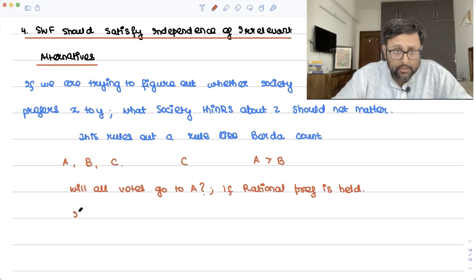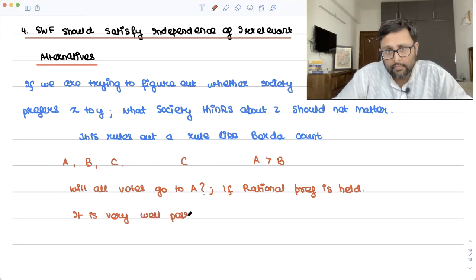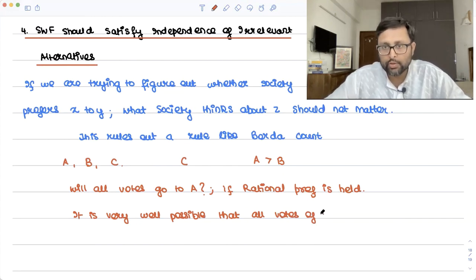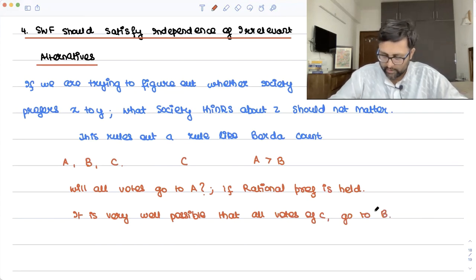It is very well possible that all votes of C go to B, right?